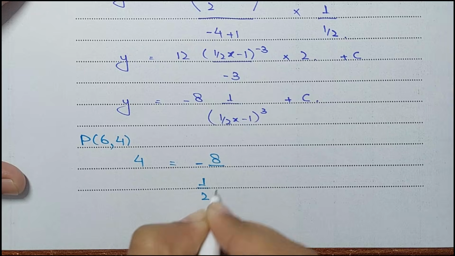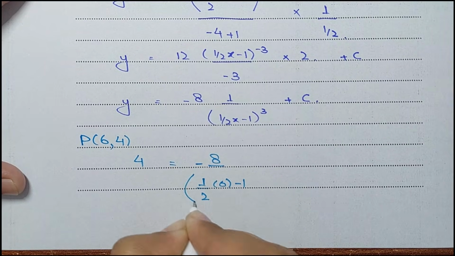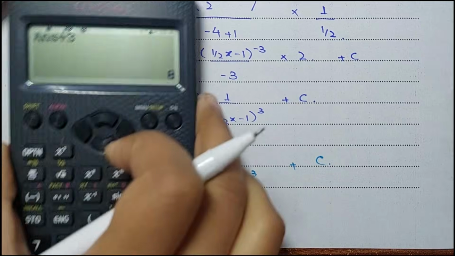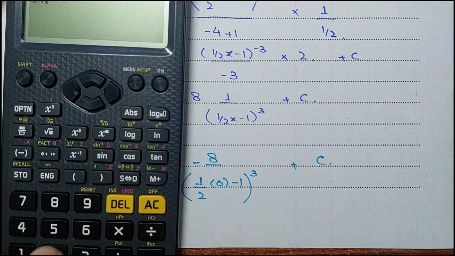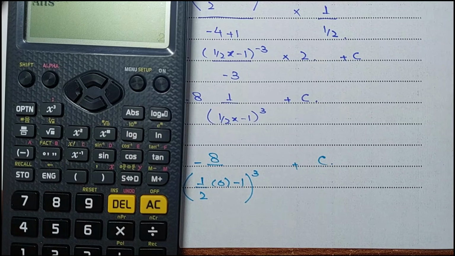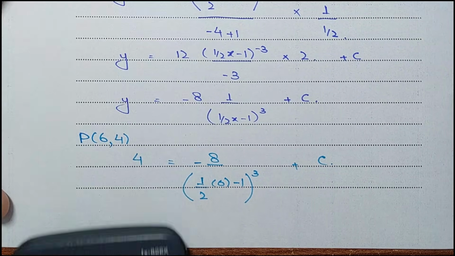So this is negative 8 over (half into 6 minus 1) whole cube, plus c. Let me simplify. Half times 6 minus 1, its whole cube is 8. Negative 8 over 8 is negative 1.